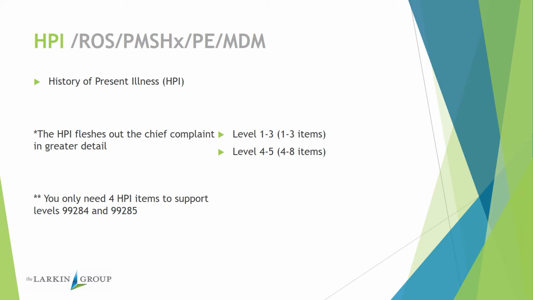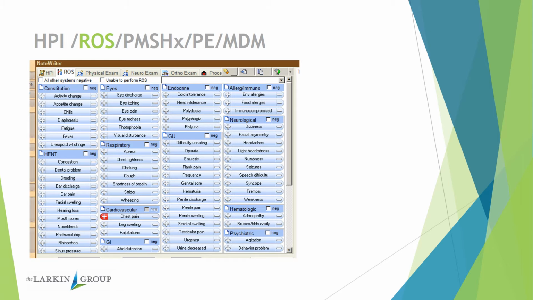For example, if you add 4 or 5 items or details to your chart, you will have already met the minimum requirement to support a level 4 or a level 5. The next template after HPI is the Review of Systems, and you can see in Epic you'll be allowed to click as many details as you see fit there.